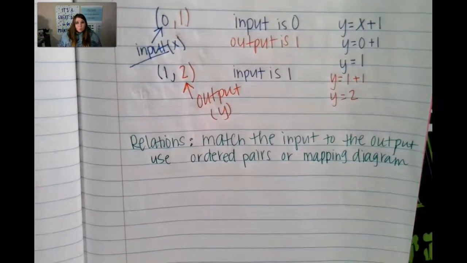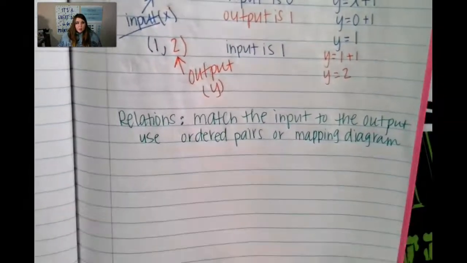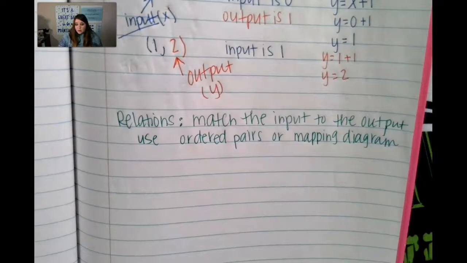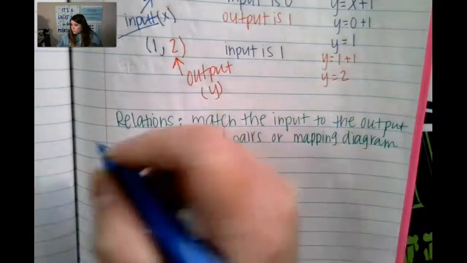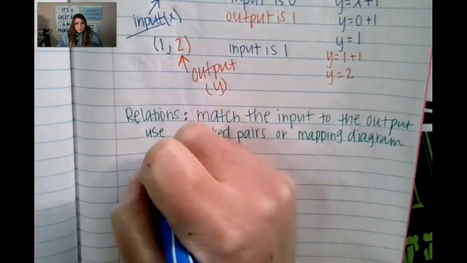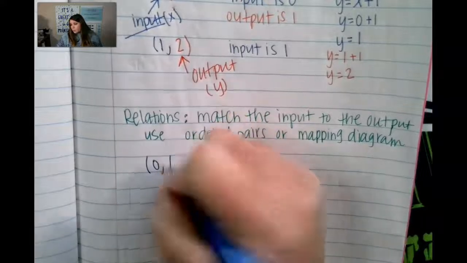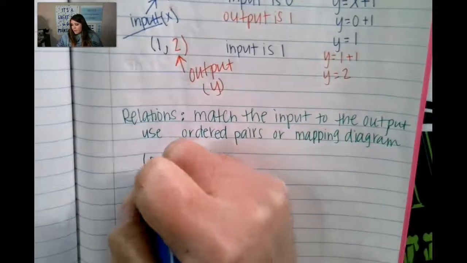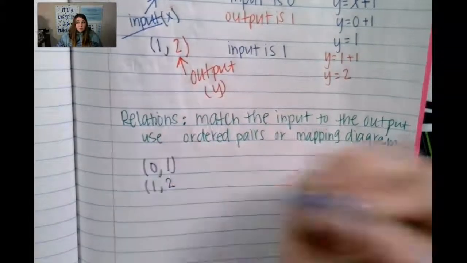Okay, so we know ordered pairs, right? So with ordered pairs, we have x is 0, our output is 1. If our x is 1, our output was 2.